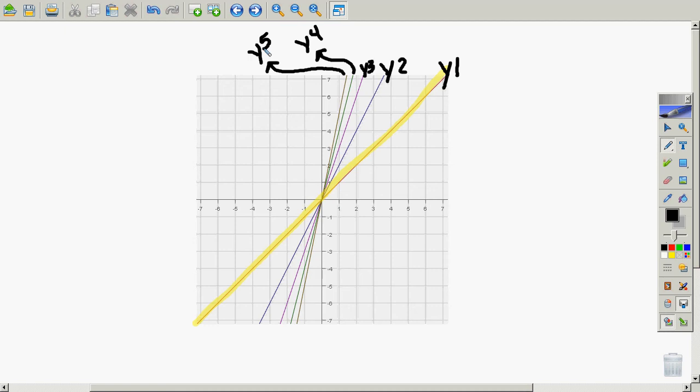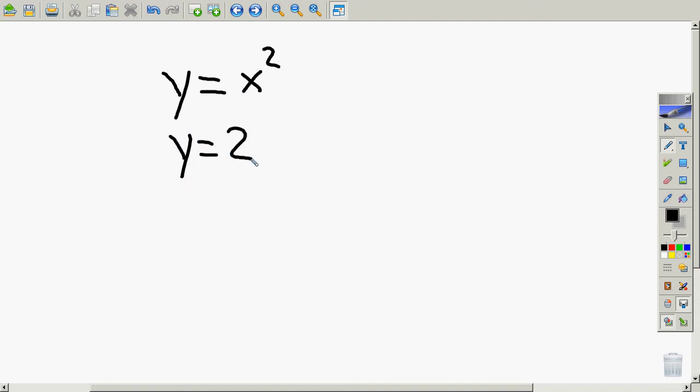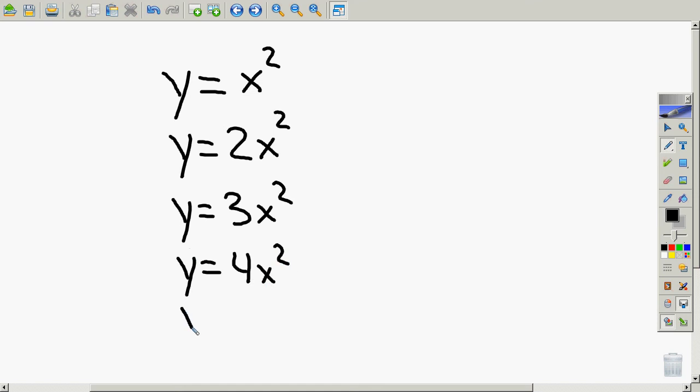Okay, as soon as that's copied on your paper, then the next one I'd like you to do, we're going to walk through the same thing with x squared. And we're just going to keep changing the leading coefficient, which is the A, and make it bigger and bigger.